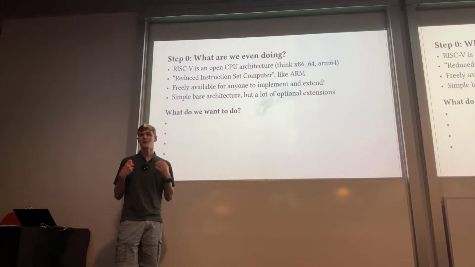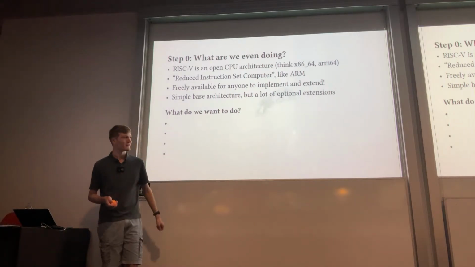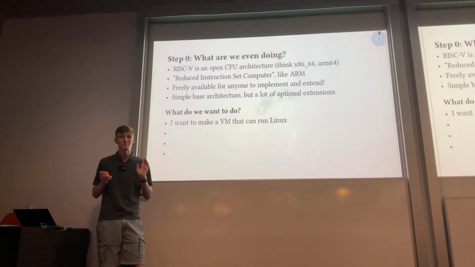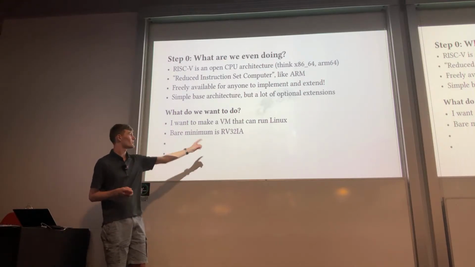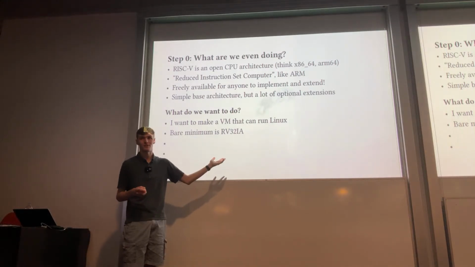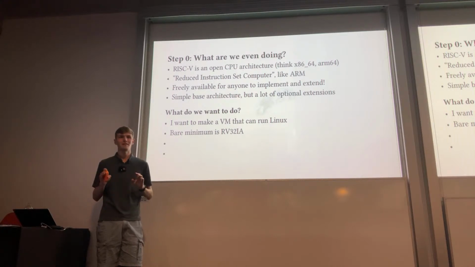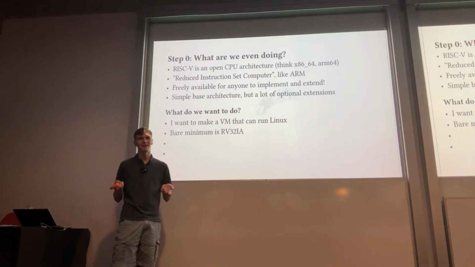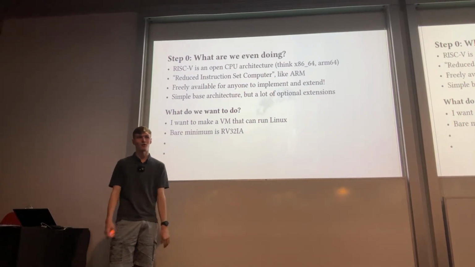Me personally, I want this emulator to run Linux, which is a bit of a lofty goal for sure, but I'm sure it's achievable. The bare minimum set of extensions to do that is a 32-bit base architecture and atomic instructions. But to actually get that working, I'd have to compile the Linux kernel from scratch and build a whole initRD image, and that sounds like a whole lot of work.